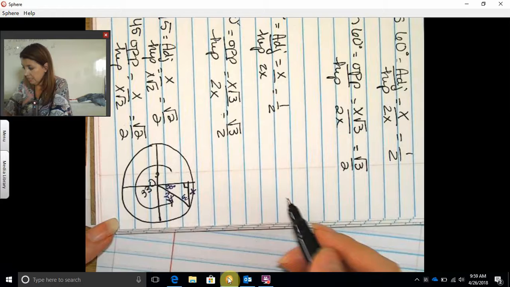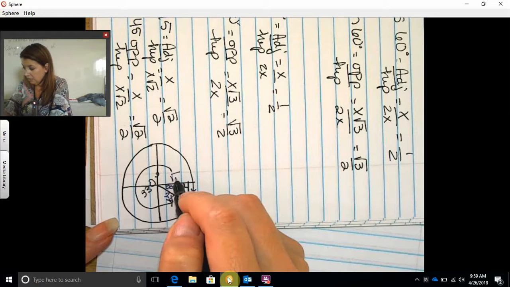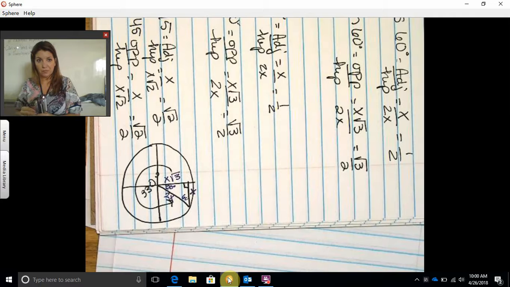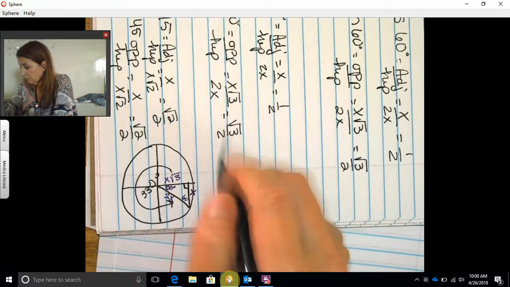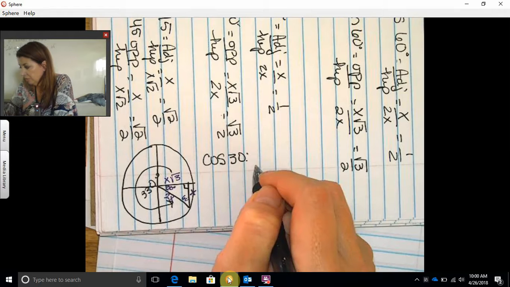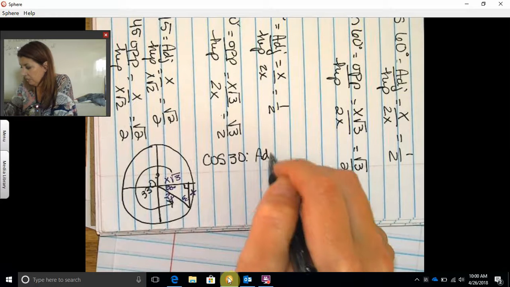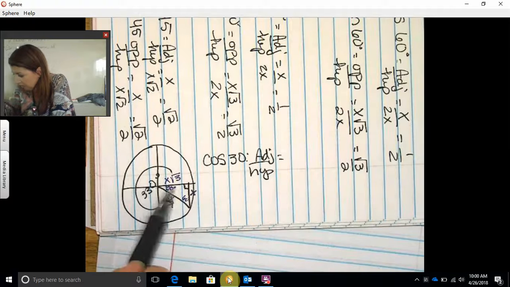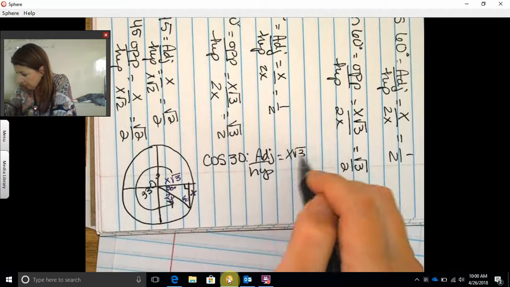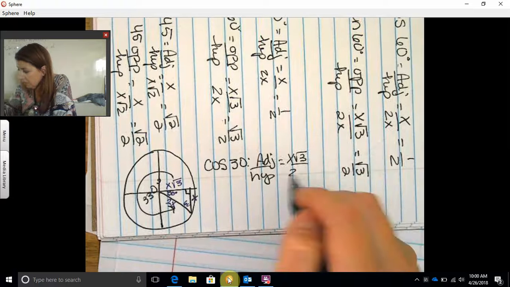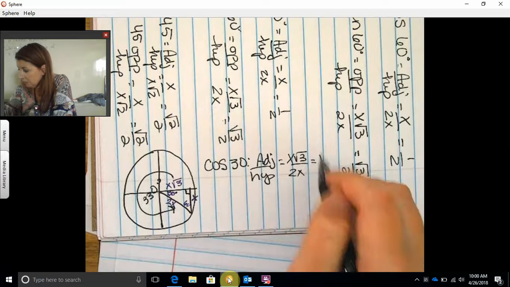And the middle leg is x square root of 3. Cosine of 30 degrees. Cosine is adjacent over hypotenuse. Adjacent is x square root of 3, and the hypotenuse 2x. The x's cancel and you have square root of 3 over 2.